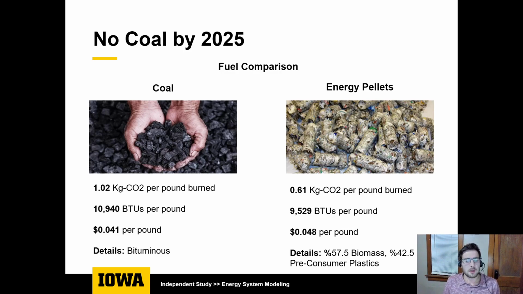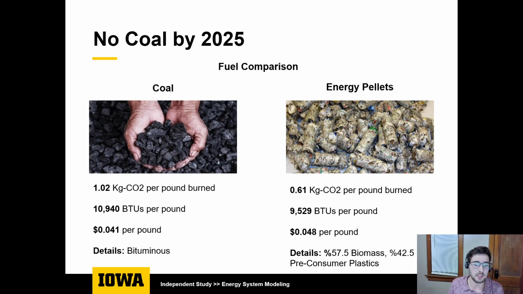So the first experiment we did is of course related to the university's no coal by 2025. I think the current plan for getting off of coal is to replace all the coal we're burning with these energy pellets. These energy pellets are from a company called Convergen up in Milwaukee, and they're mostly biomass.